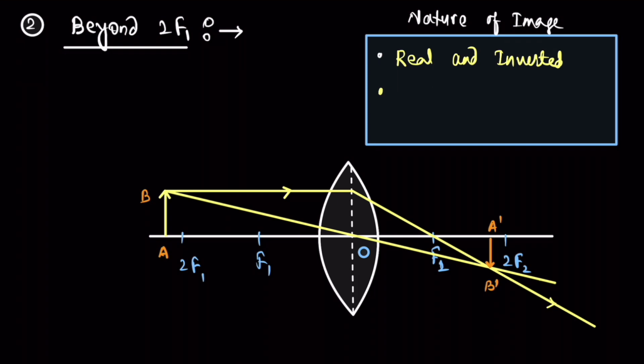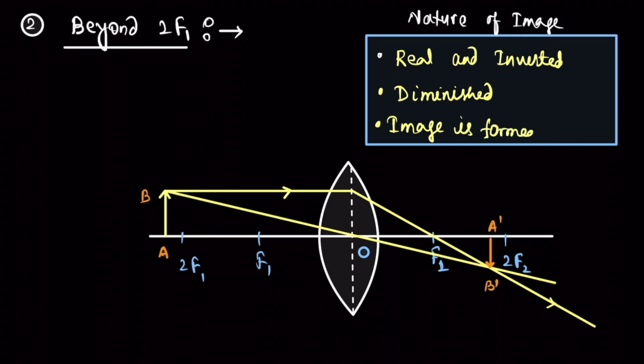Second, it is diminished. And third, the image is formed between f2 and 2f2. So this is the image formation beyond 2f1.